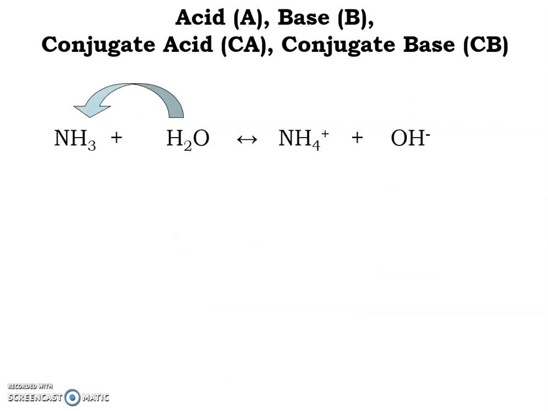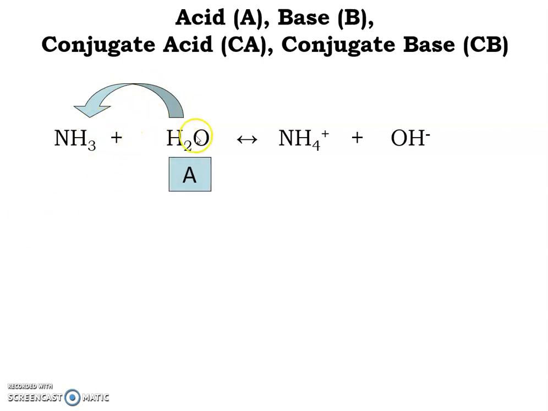In this example, I have NH3 and H2O. Going forward, the H2O is going to give one of its H's to the NH3. So the water is acting as an acid because it's a proton donor, and the NH3 is accepting the H+, so it's a proton acceptor, acting as a base.